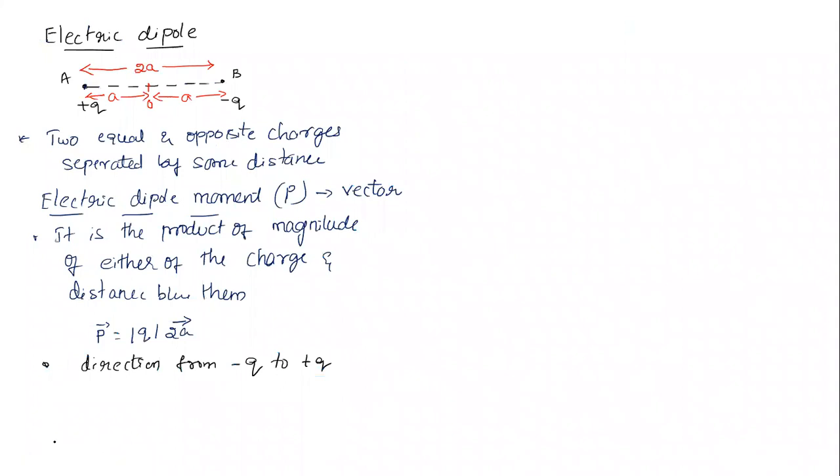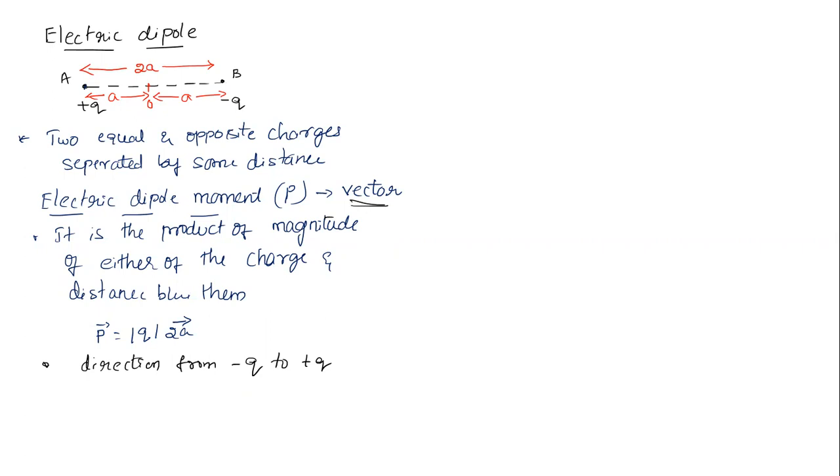So students, this is clear to all of you now. Electric dipole means two equal and opposite charges separated by some distance. Electric dipole moment is the product of the magnitude of either of the charges and the distance between them, and it is denoted by P. Since it is a vector quantity, its direction is from negative charge to positive charge.